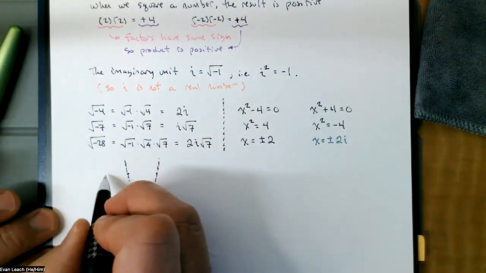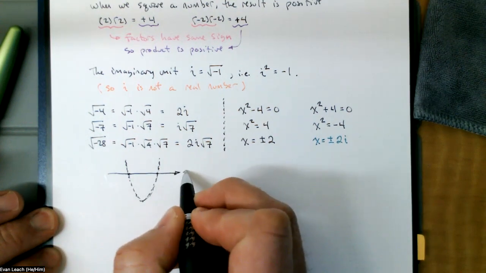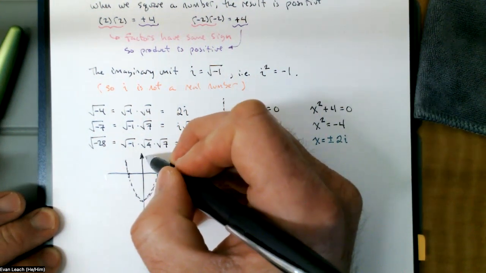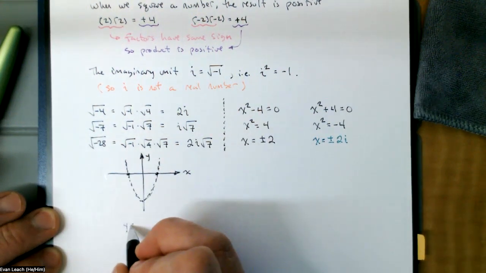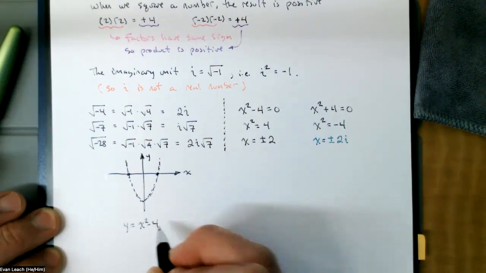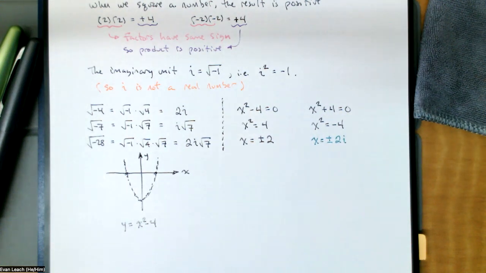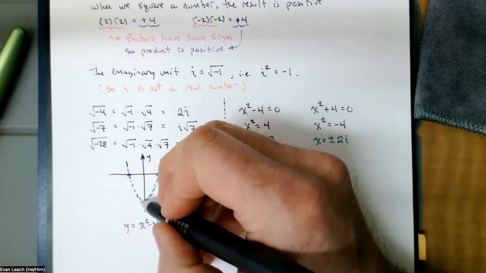We know that the solutions to the equation x squared minus 4 equals 0 are going to be represented by the x-intercepts of the graph of y equals x squared minus 4. That's the relationship between the graph and the equation.